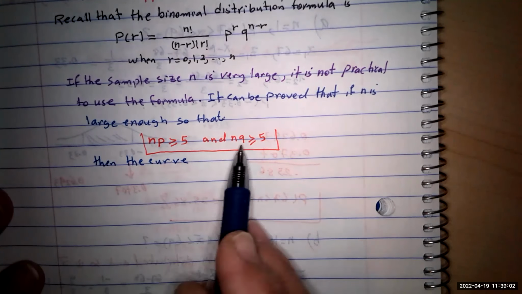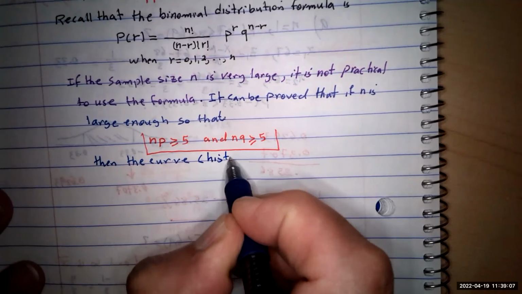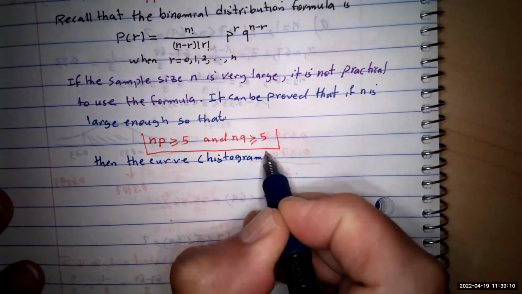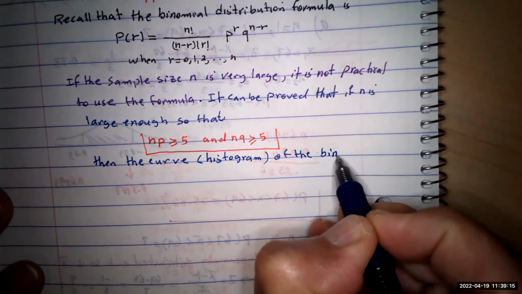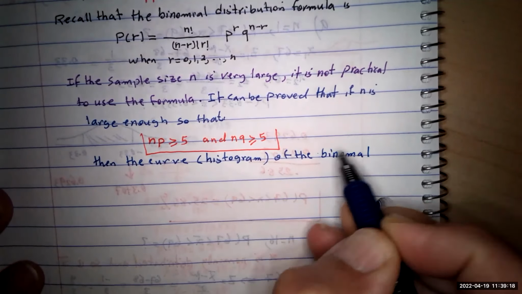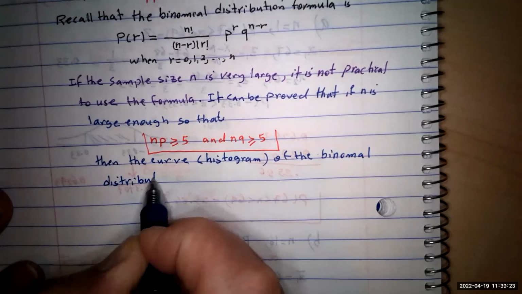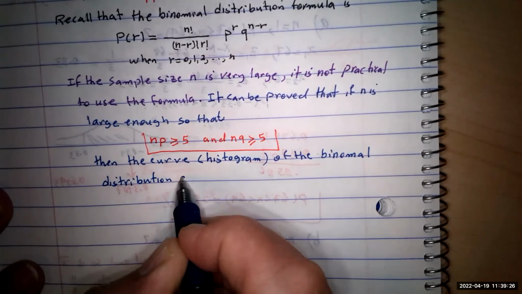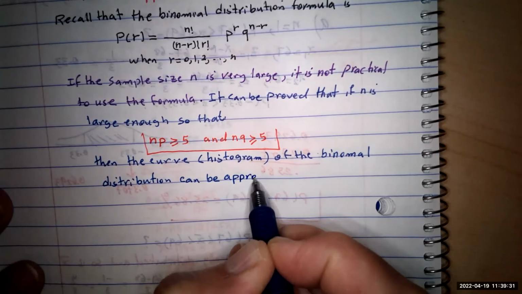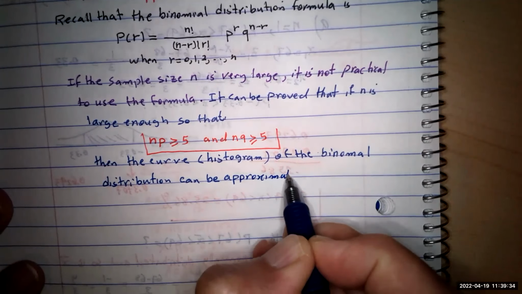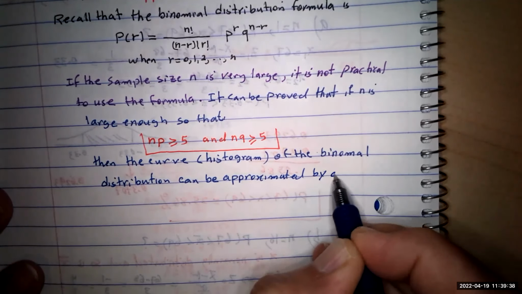It can be proved that the histogram of the binomial distribution can be approximated by a normal curve.